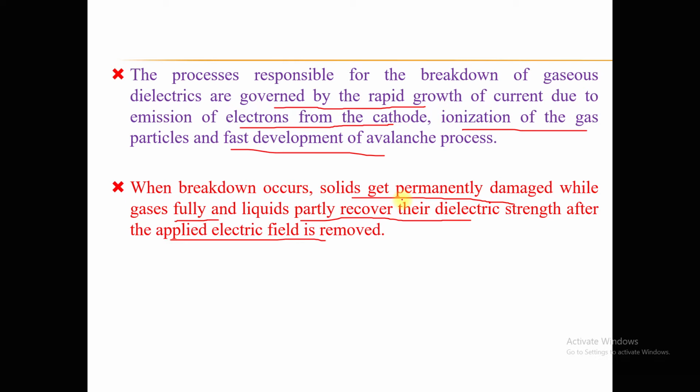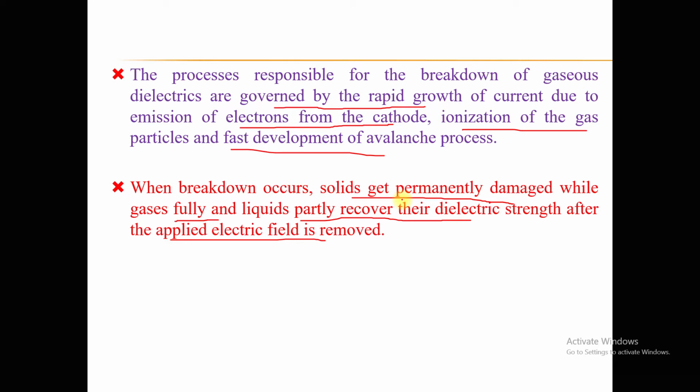But here the insulator is made of a solid material, so if the puncture takes place, it means it will be permanently damaged. So in those cases we need to replace the solid dielectric. We cannot reuse it, whereas in case of gases, if we remove the applied voltage source, then it will bring the ionization process to zero.